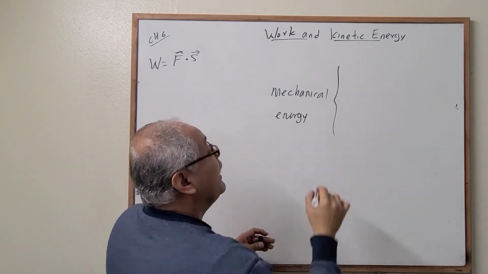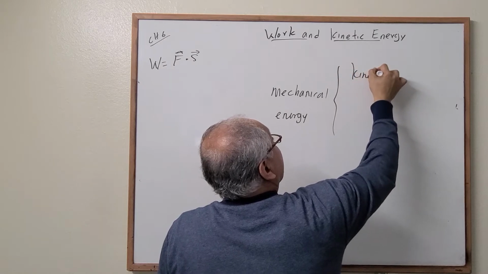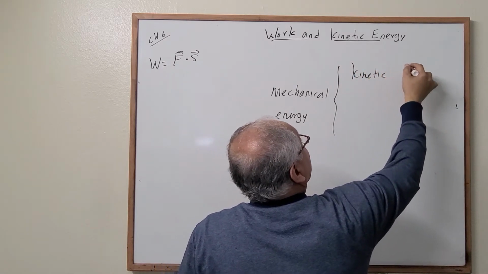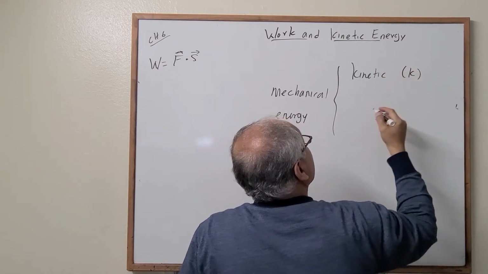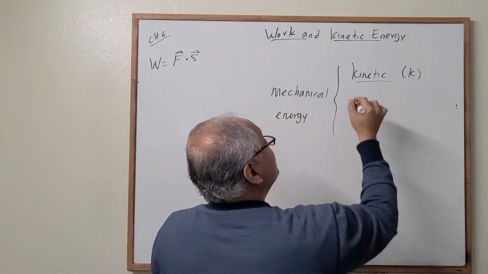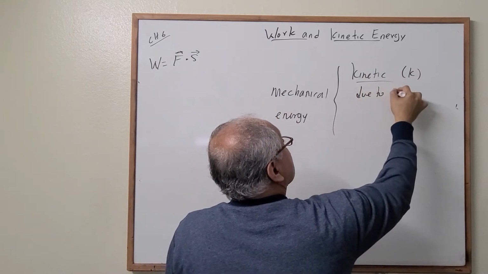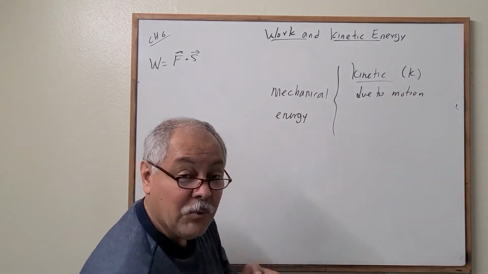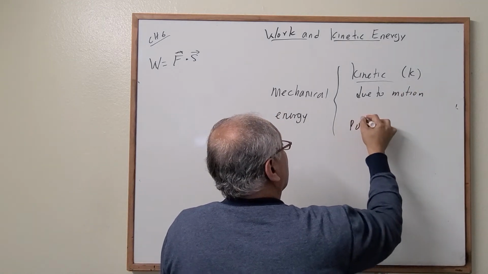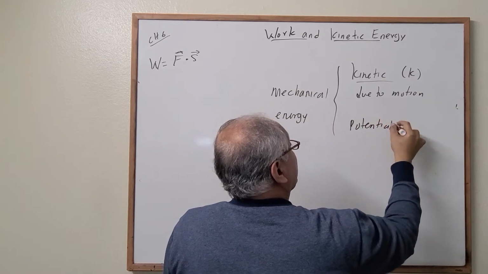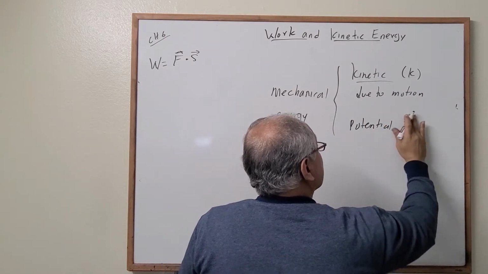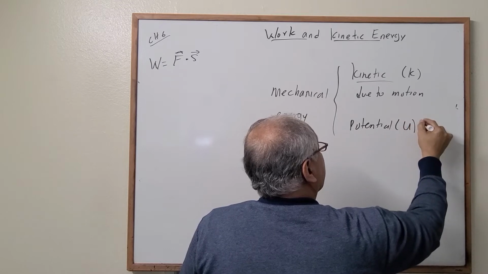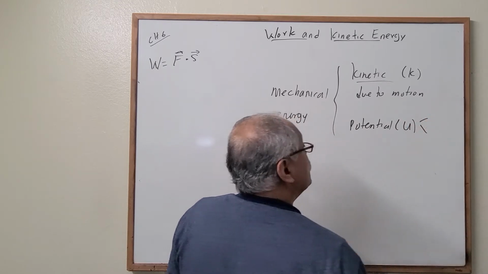We have kinetic energy, the symbol is K, and this is due to motion. And also we have potential energy. For potential energy, the symbol is U. Potential energy, we have two types.